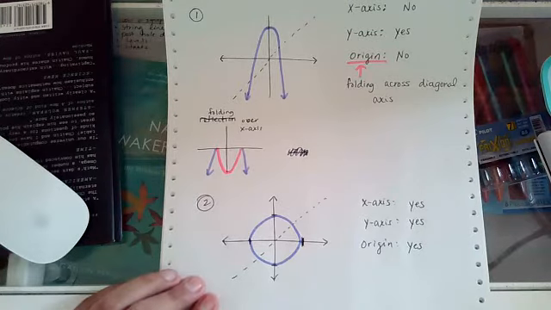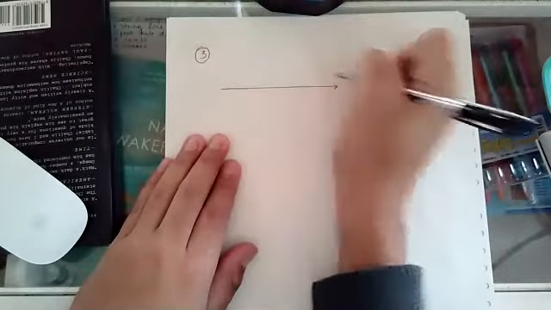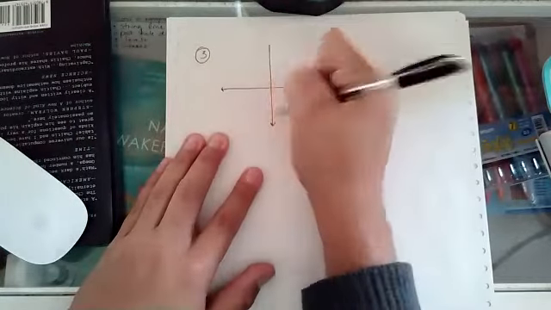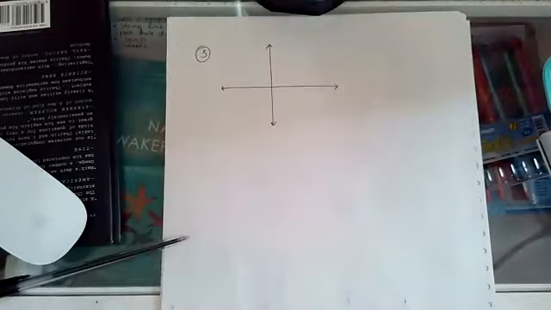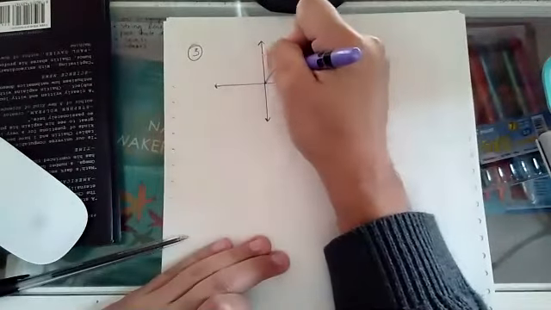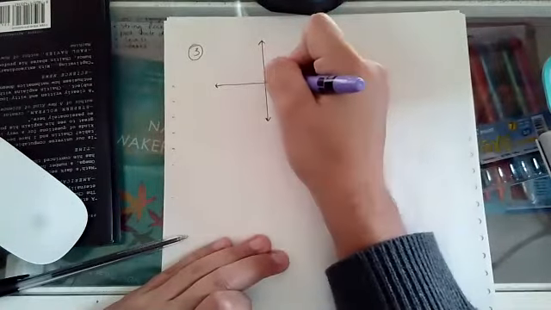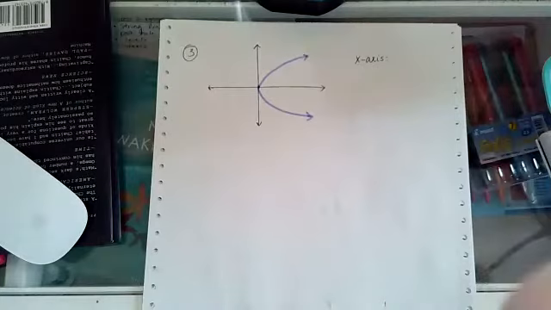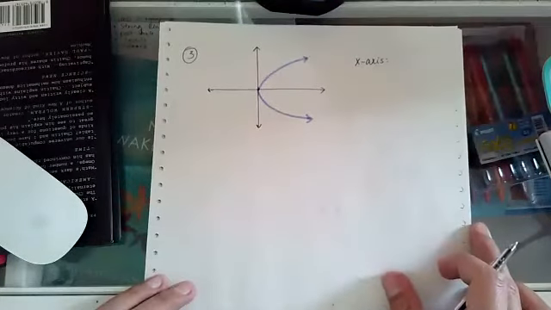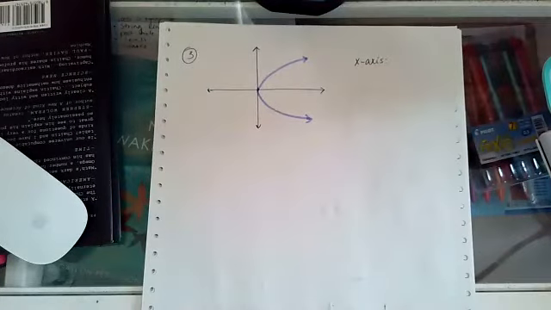Okay. Let's do a third example of a graph. Is this symmetric across the x-axis? That is, if you folded it across the x-axis, would it? Yes.